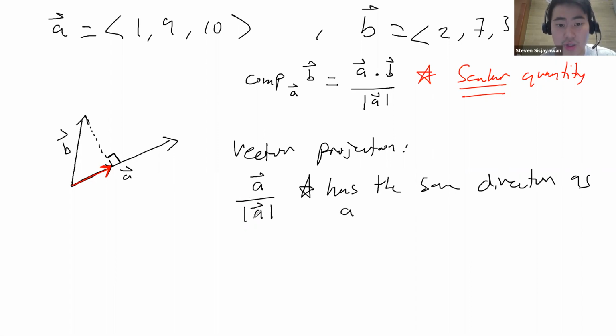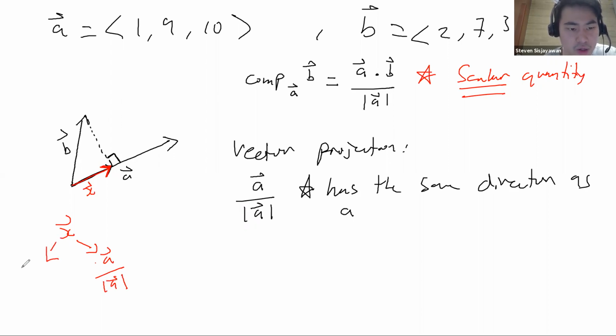So we basically covered the direction of this vector right here. Let's just label this vector X. So for the direction of X, we have the direction of A, which is just A all over the magnitude of A, okay?